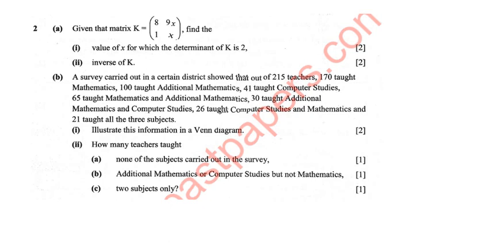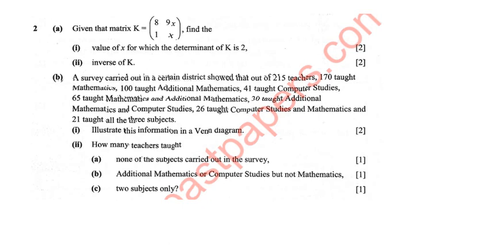So the question is saying a survey carried out in a certain district showed that out of 215 teachers, so this has already shown that this is your total number of teachers that were involved in the survey. Because here they are saying a survey carried out.